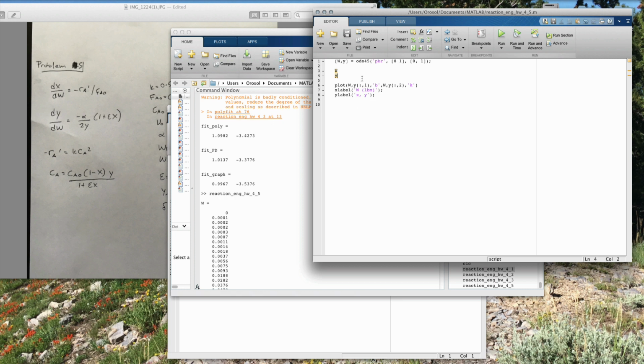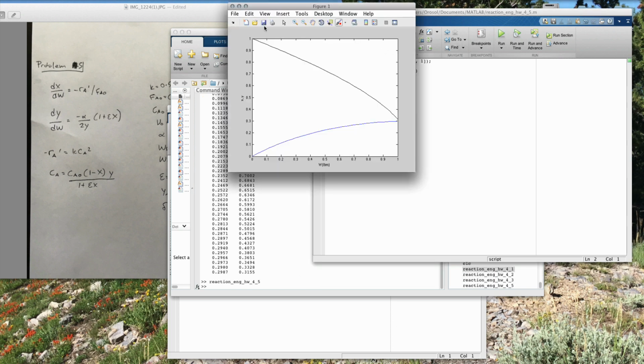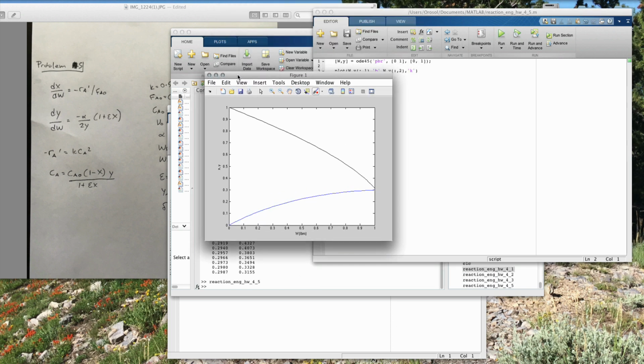So anyway, that's how that's done, and I'll just run this again. So this is the plot I got, and this is Y, the pressure drop, and this was X, the conversion. And these are kind of small.